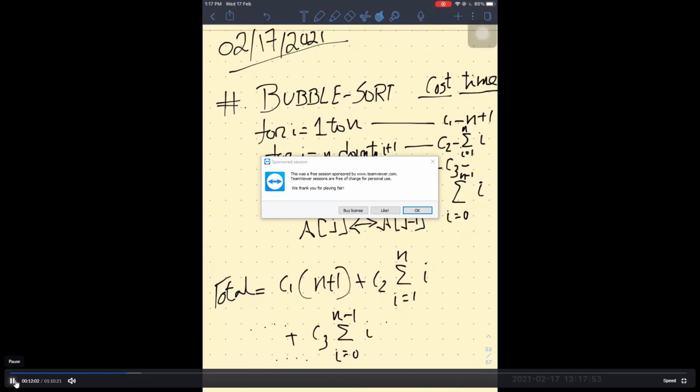Yeah, it's making a lot more sense. I do have a question though. How do you know when to use summation? It depends on this runtime. Depending on that runtime, as we are getting an arithmetic series here, that's why we are using summation.